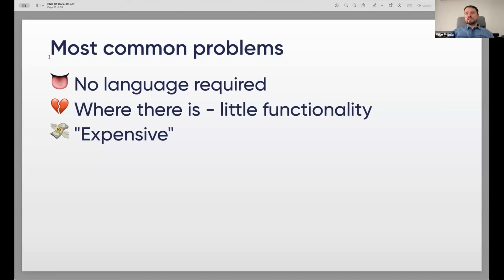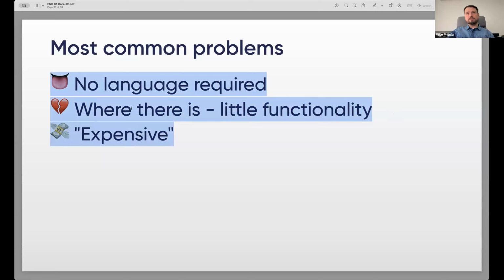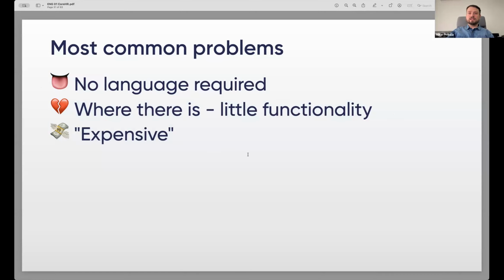Also, people talk about different problems when it comes to HR software. Sometimes the required language is not available. Sometimes, where there is enough language support, there is little functionality. Sometimes they call it expensive, but now these problems are being solved, especially with the help of AI. AI could easily translate to any language and communicate in any language, and then you solve this problem as well.